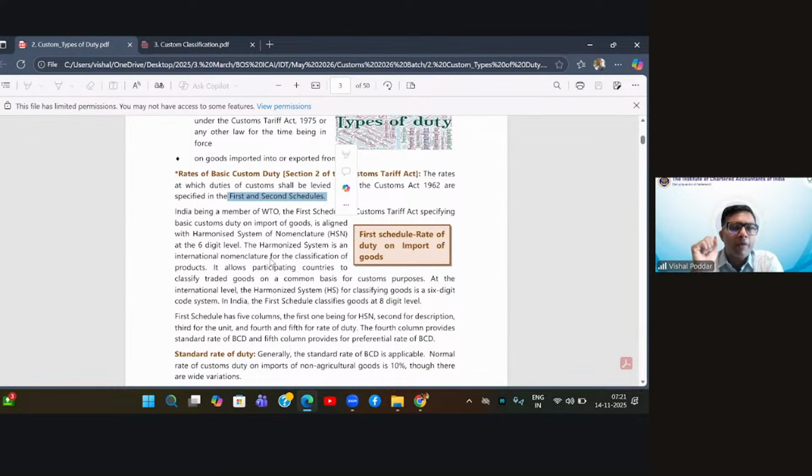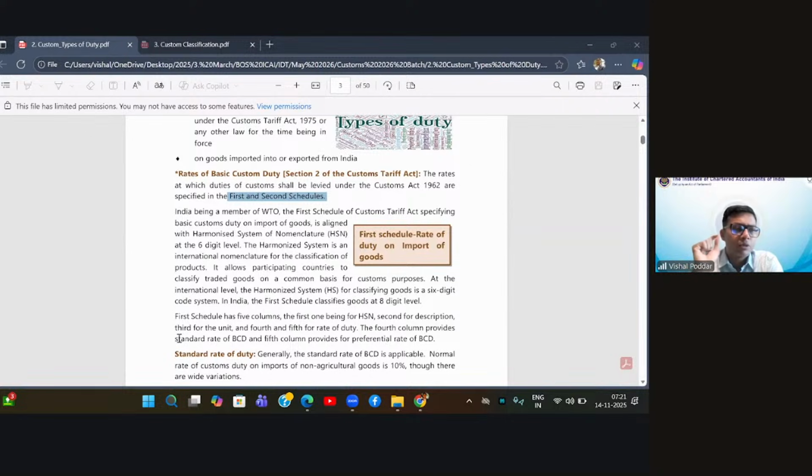Now, having said this, the next important point, students, that you need to keep in mind is we saw a list of different duties in which the main duty of customs is the basic customs duty. In short, we will call it the BCD, basic customs duty.